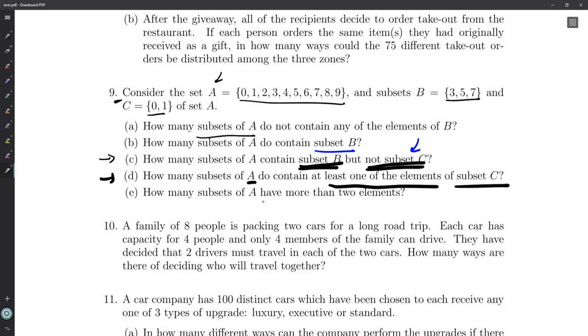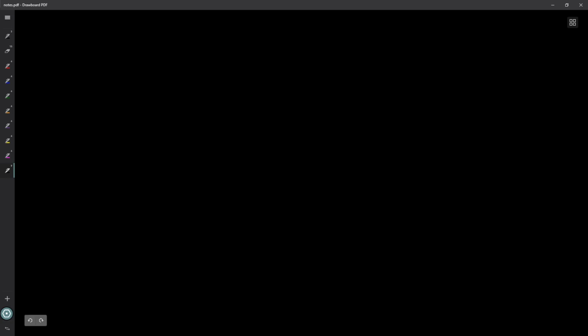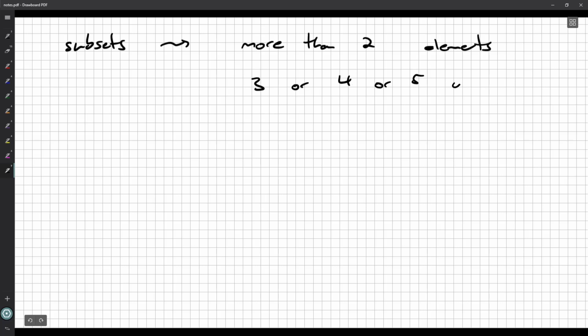How many subsets of A have more than 2 elements? So again, I mentioned this earlier, the less than, at least, at most. This is a more than situation. Okay. So if I'm thinking subsets that have more than 2 elements, okay, they could have 3 elements, or 4 elements, or 5 elements, or 6 elements, or all the way up to 10 elements.